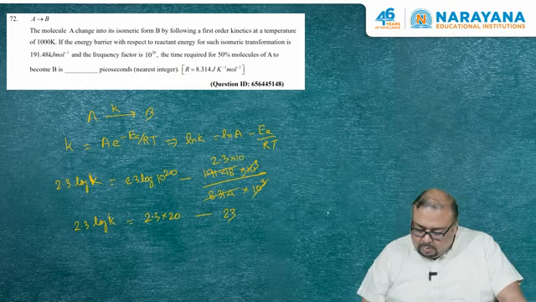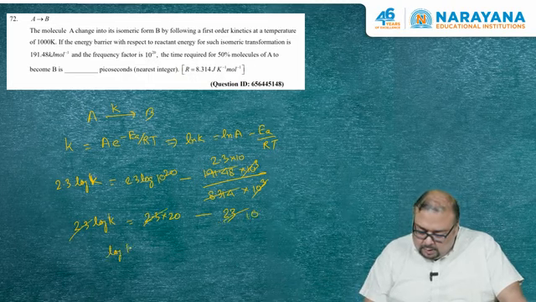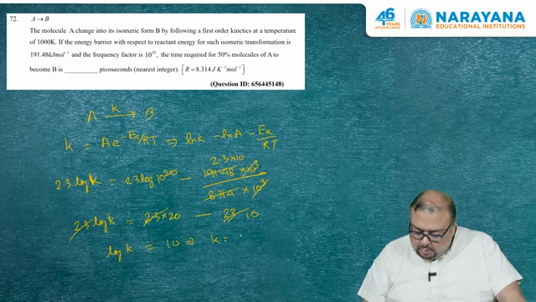Okay, so this will come out to be 23. So if you cancel out, this will come out to be log of K equal to 10, or K value will be equal to 10 power 10.